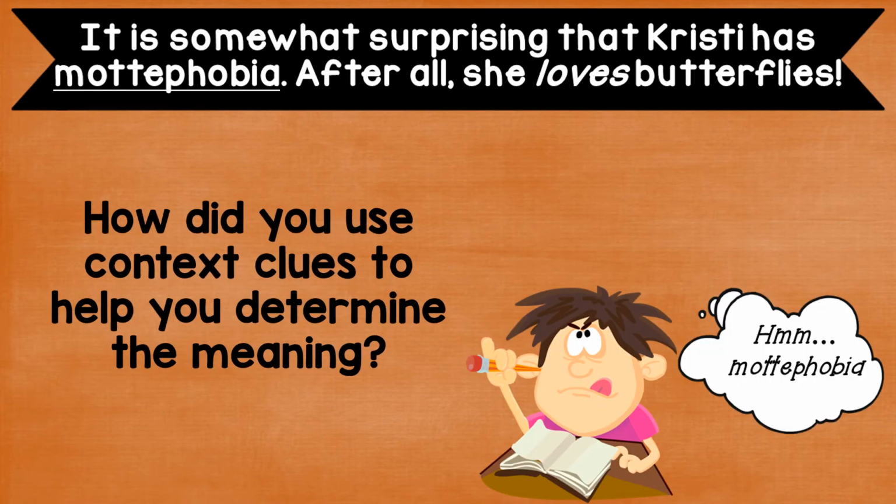How did you use context clues to help you determine the meaning? In this case, I'm kind of looking at the word itself and I'm saying, that kind of sounds like a moth. And then here it says she loves butterflies. Moths are kind of like butterflies. So it seems crazy or surprising, like the sentence said, that she would be fearful of moths when she loves butterflies. That makes sense.